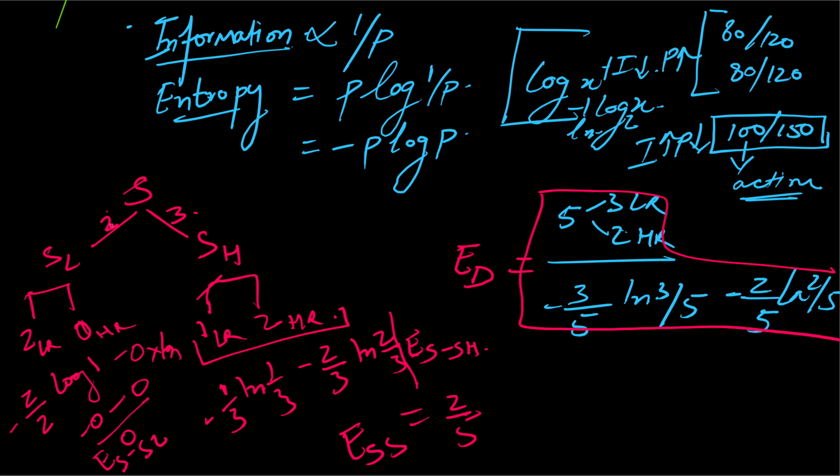So 2 data going over here out of the total 5 into this particular node, into the entropy of this node, which is 0, plus 3 by 5 and entropy of this split of the node, so into E S SH. So if we do a split on systolic node, this is the entropy of the data after the split.